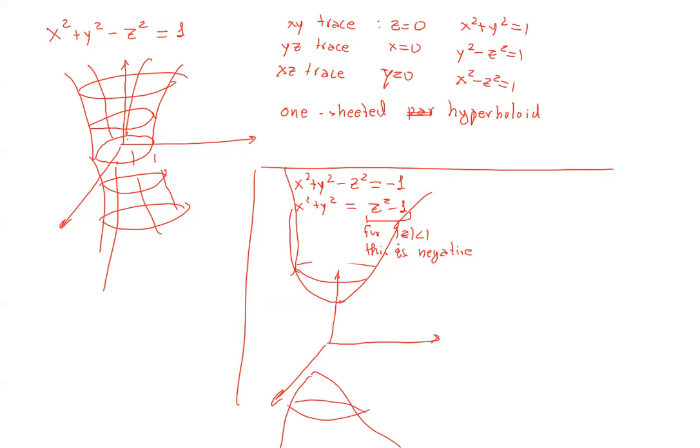So this is going to be a two-sheeted hyperboloid. In general, in our course, we're going to look at this kind of surfaces. We can have some other interesting situations that we're not going to get into.